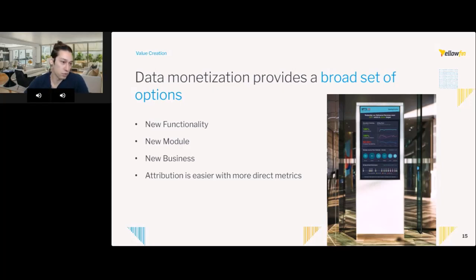Or a new module, for example. We worked with a credit card company that introduced a fraud detection module using embedded analytics. So this was a fraud detection module that would flag potentially fraudulent transactions in real time, just based on purchasing history, based on data it was collecting about the customer and other customers in the space.